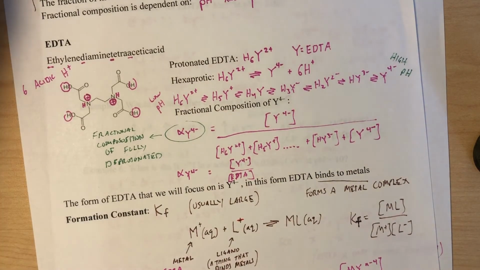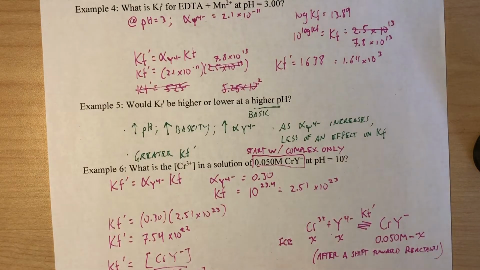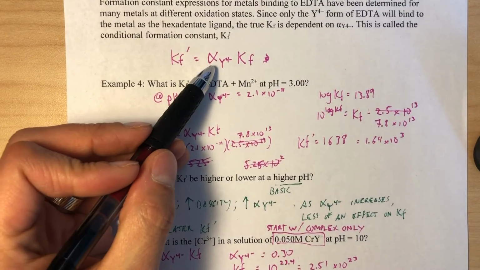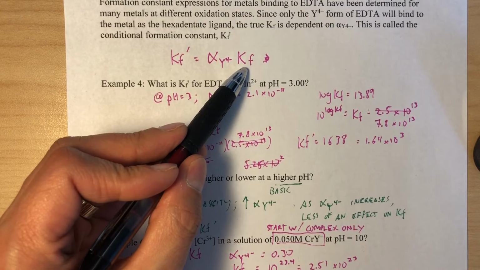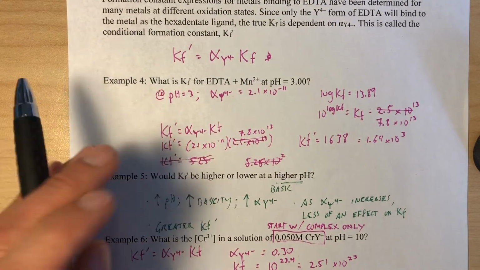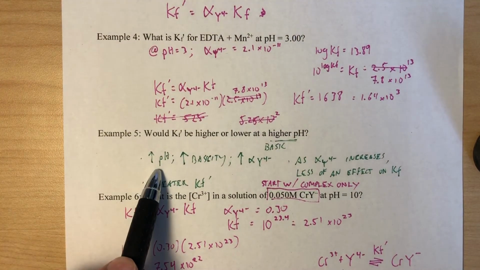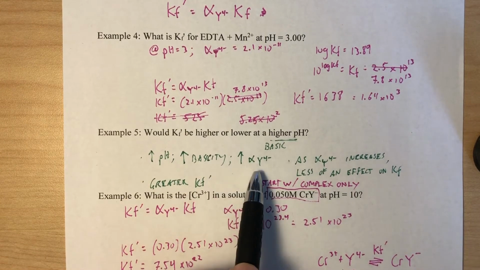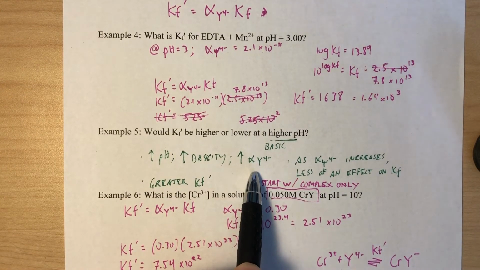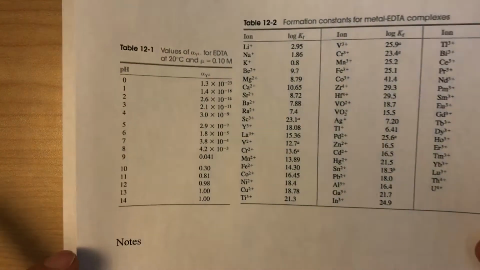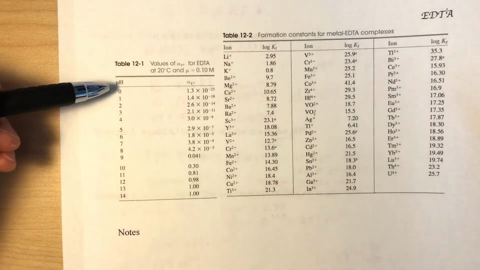So this is actually one of those first examples, I believe, where we've seen that the concentration of something actually changes the constant itself. So as we increase the pH, we increase the basicity, and we would increase the amount of EDTA that we have, and that's exactly what we see happen.